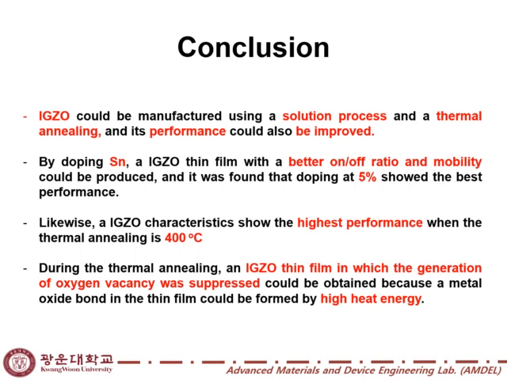Likewise, IGGO characteristics show the highest performance when the thermal annealing is 400 Celsius degrees. Lastly, during the thermal annealing, an IGGO thin film in which the generation of oxygen vacancy was suppressed could be obtained because metal oxide bonds in the thin film could be formed by high heat energy.